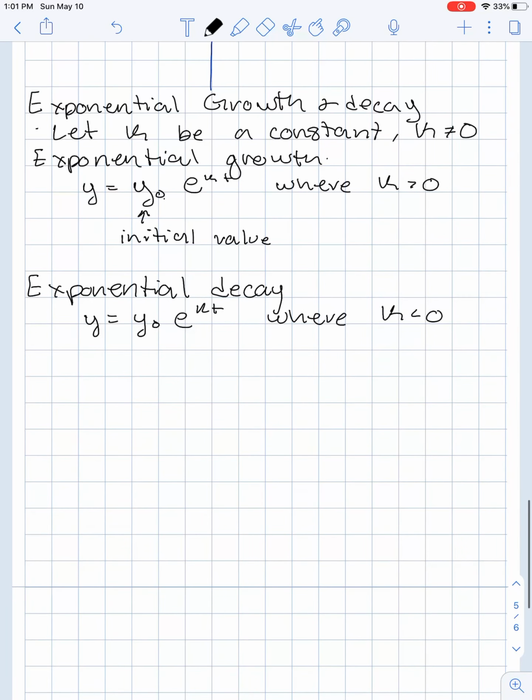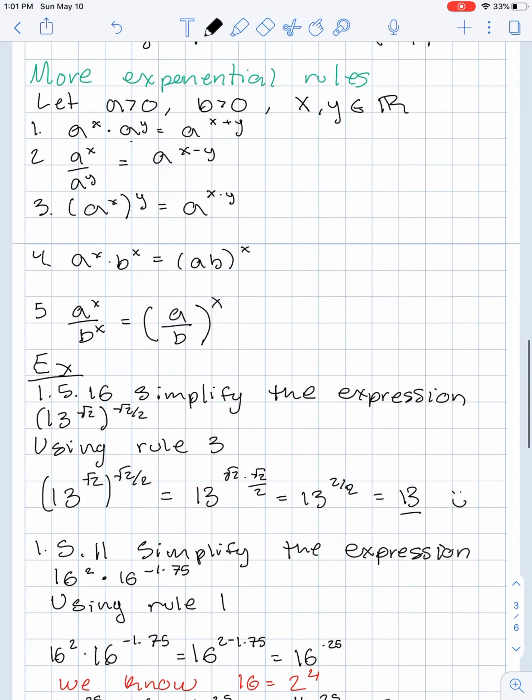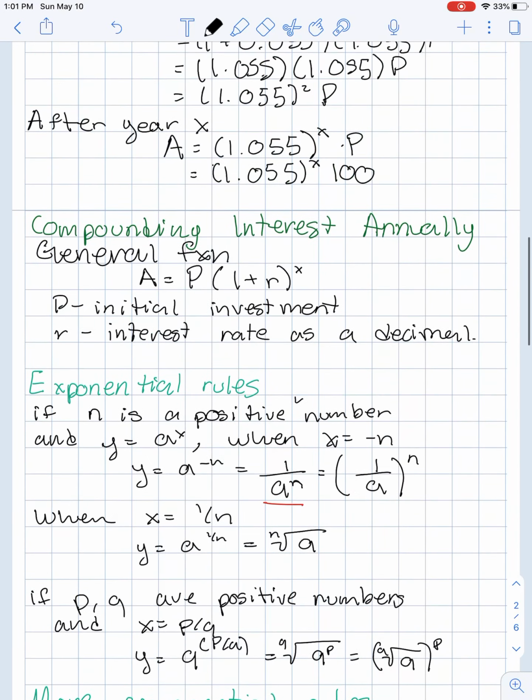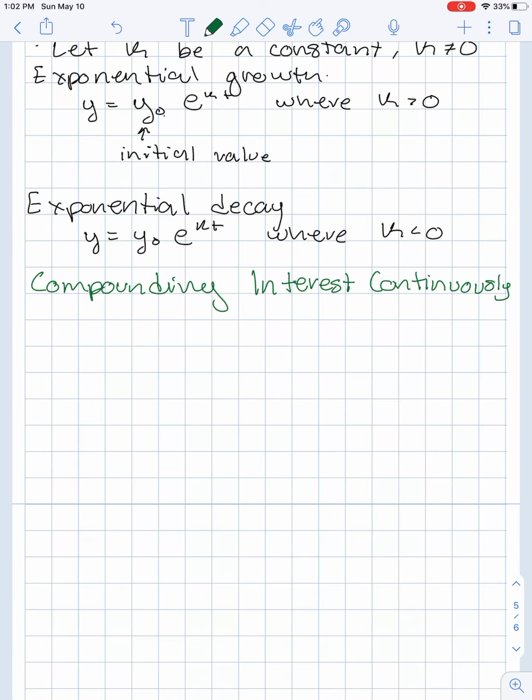All right, so we saw how we could be compounding our interest annually, but what if we compound interest continuously? How do you compound interest continuously?